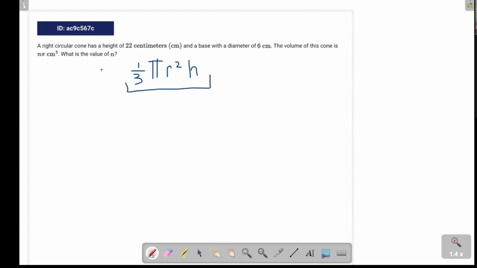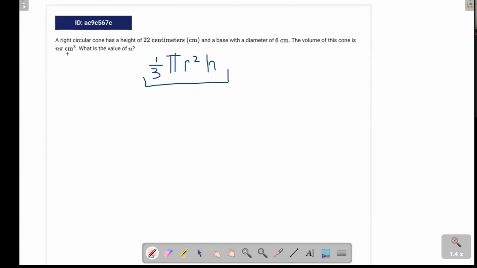So here's our equation. And this n value is basically going to be equal to the 1/3 r squared h. Because you have pi in common, I can just put that by doing n pi. Pi will cancel out, and you see that n is equal to 1/3 r squared h.